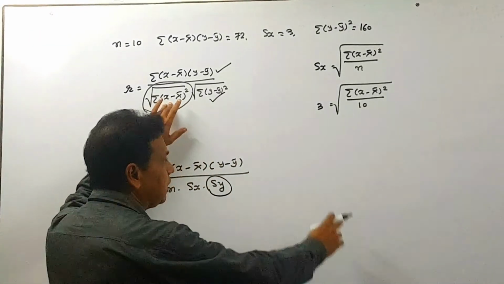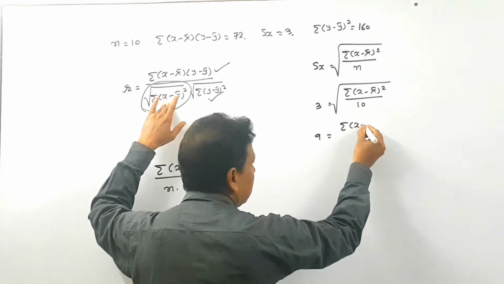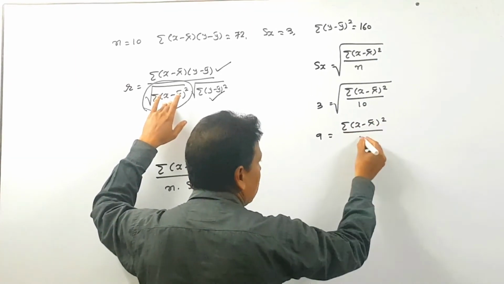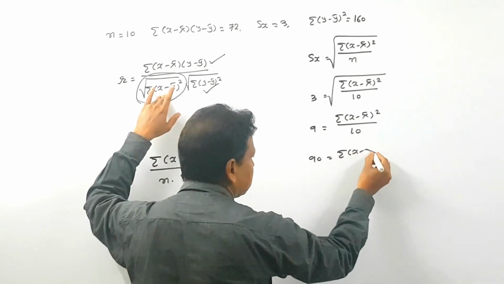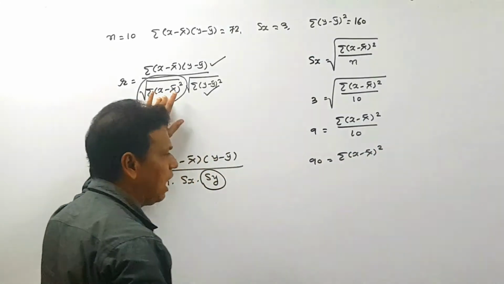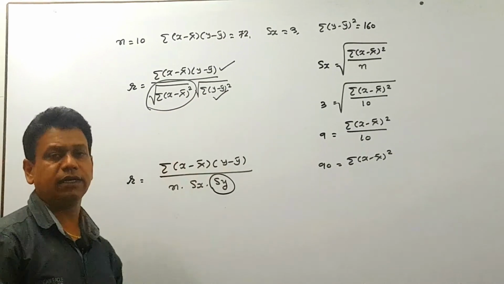How to cancel the root sign? Squaring the other side. So 9 is equal to sum of x minus x bar square upon 10. 10 into 9, it is 90, equal to sum of x minus x bar square. After getting this amount, we are able to put the value here and easily get the answer.